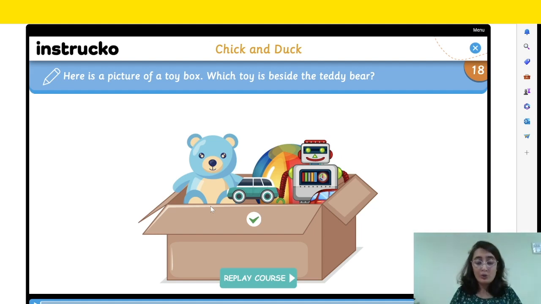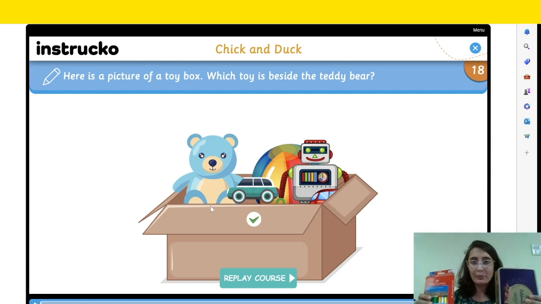So now, do we understand what is the meaning of next to and beside? If any two objects or any two people are standing close to each other and there is nothing between them and one person is standing by the side of the second person, then those two people are said to be beside or next to each other.